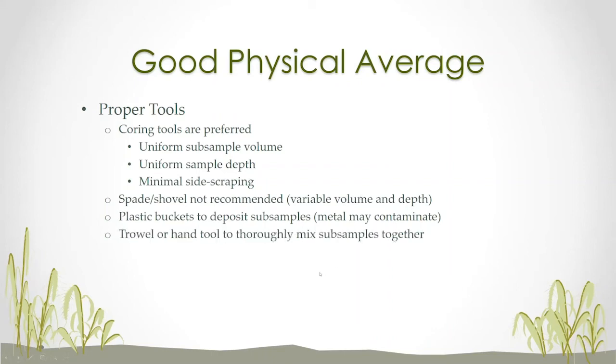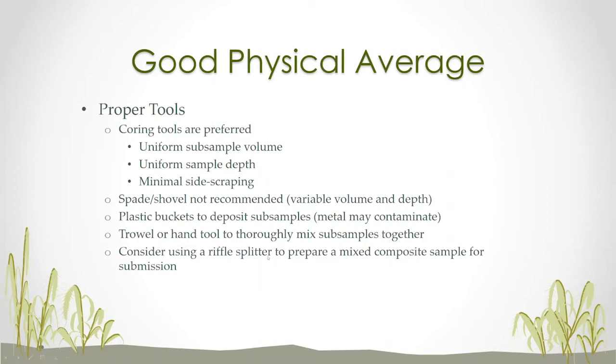And then a hand trowel or something that you can really break up the subsamples that are taken with the coring device and thoroughly mix them together so that you can get the kind of composite sample uniformity that you desire. And I'm going to throw in here an important aspect, and something that we don't often take into consideration, but they're so readily and inexpensively available.